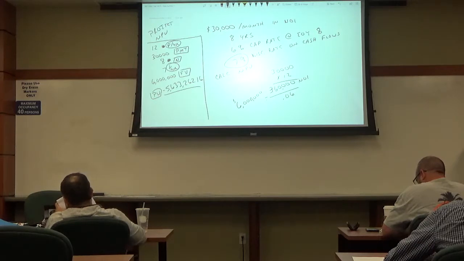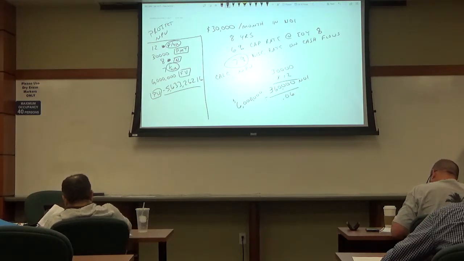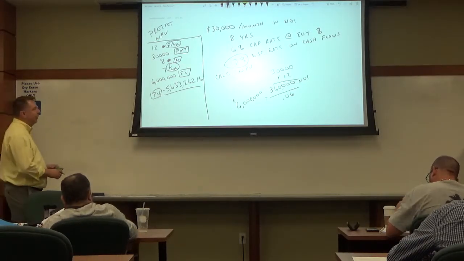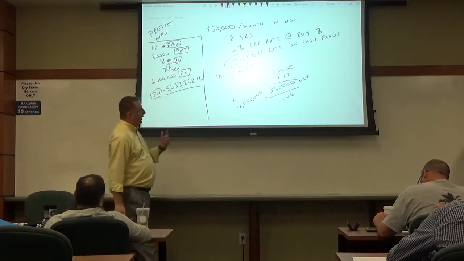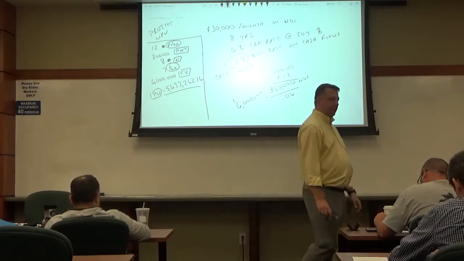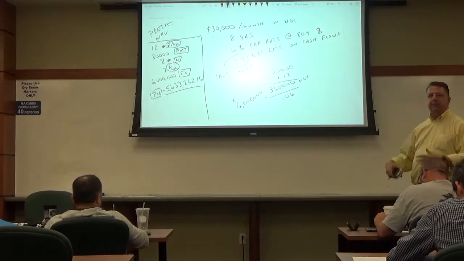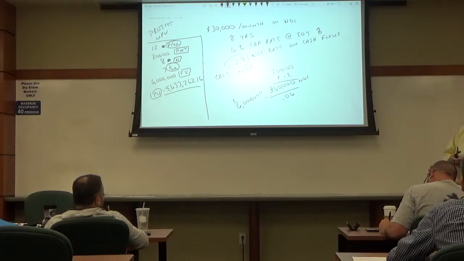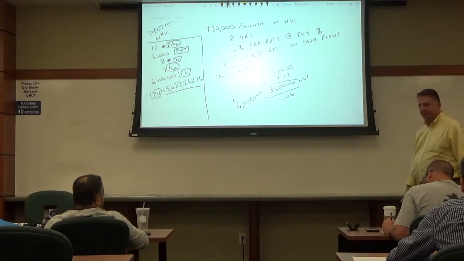Now, what if we were to reduce the rental income, meaning we reduce the NOI by a certain percent, like we reduce it by 10% a year? What impact is that going to have on our present value? It's going to go down, but what dollar amount is it going to go down?